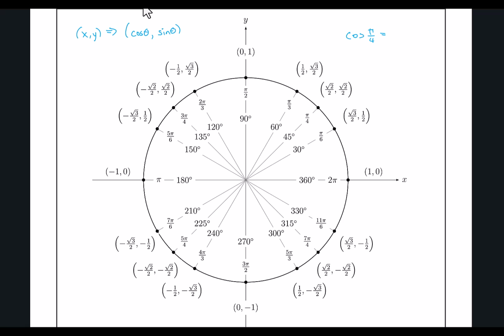So if I want cosine pi over 4, here's my pi over 4 line. I want the x coordinate, so it's square root of 2 over 2. If I want sine of 7 pi over 6, then I just find where 7 pi over 6 is, and sine is the y coordinate, so it's negative 1/2.